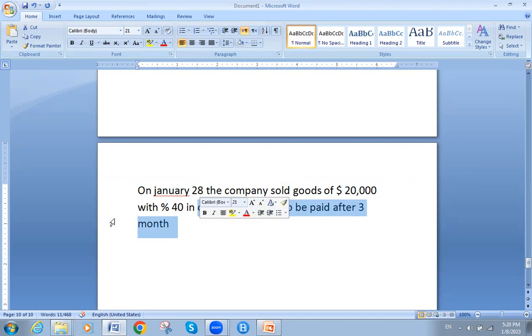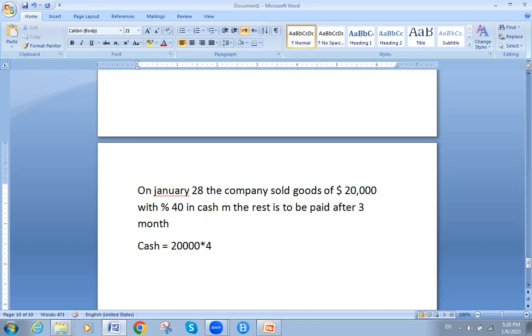So let's first calculate the 40%. The cash money will equal 20,000 times the 40%. That will make $8,000. Here it is, $8,000.